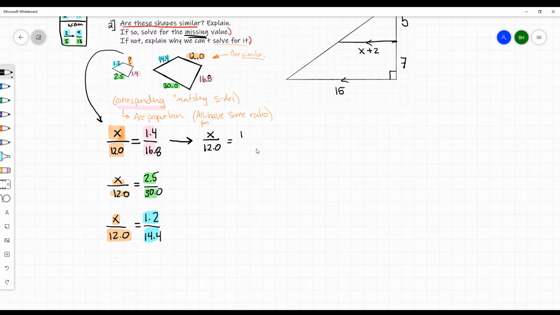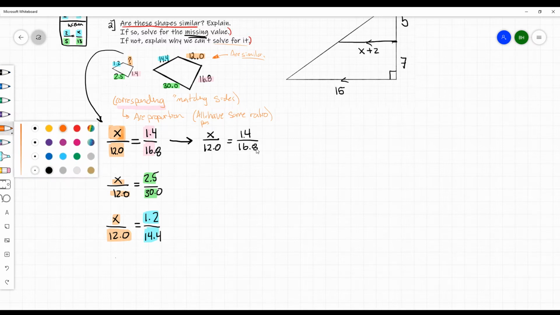In class, there's a lot of different ways that we've explored how to solve a problem like this. The first method, or I guess the foolproof method of solving, is simply cross multiplying. And if you recall, when we cross multiply, we are multiplying the denominator on one side with the numerator on the opposite side.